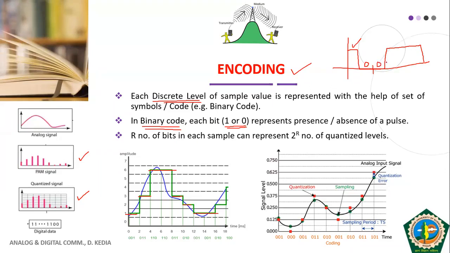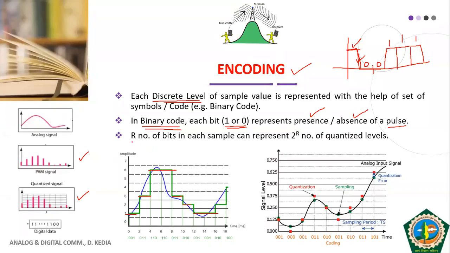So in binary code, we are simply concerned with whether the pulse is present or absent, because the pulse duration is fixed and the pulse amplitude is fixed. So after quantization, I'll be representing my quantization levels with the help of discrete pulses.